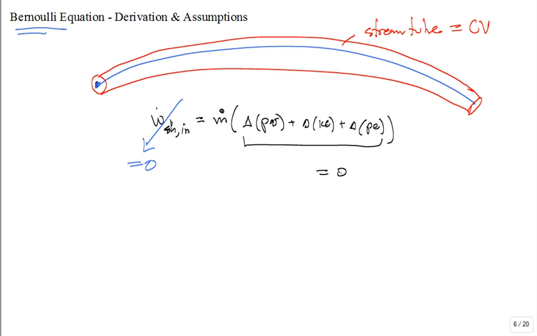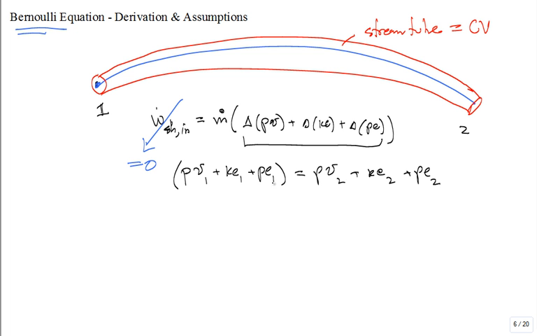M dot's not going to be 0, so the product of M dot and something must be equal to 0. And if that's true, what you have is the PV coming in plus the kinetic energy coming in plus the potential energy coming in is equal to the PV going out. Let's say this is in at state 1 and out at state 2, plus kinetic energy out at state 2 plus the potential energy out at state 2 is all equal.